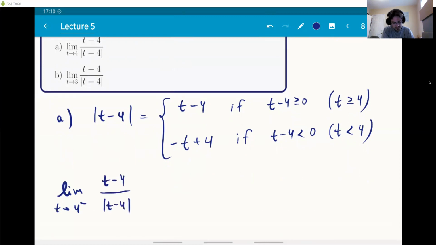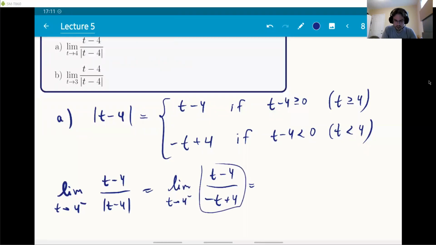Well, if t is to the left of 4, that means it's less than 4. So we are on the second case here. The absolute value is actually going to be equal to minus t plus 4. And now you recognize here in this fraction that the denominator and the numerator just differed by a factor of minus 1.